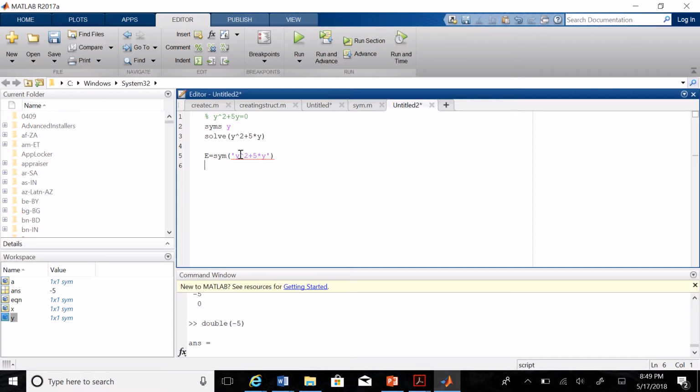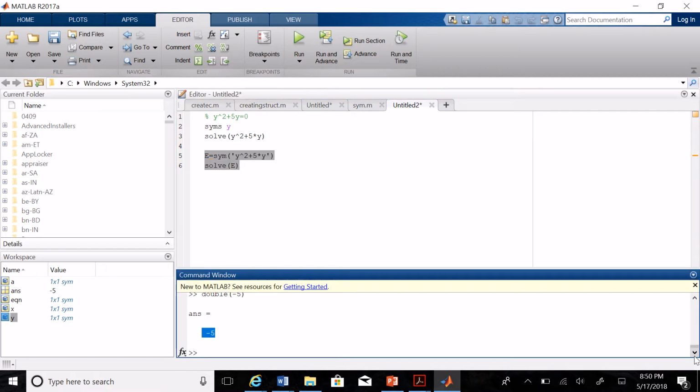And then solve E. So these 2 lines are the same as that. You can press Control C, Control V, and run it in the command window. It will give you the same thing, minus 5, 0.